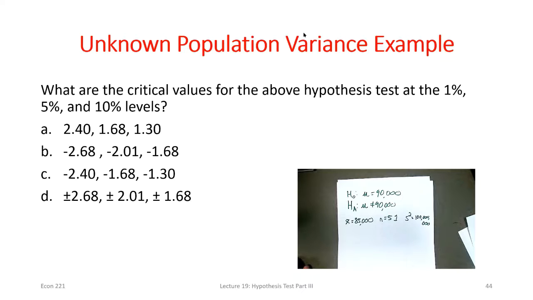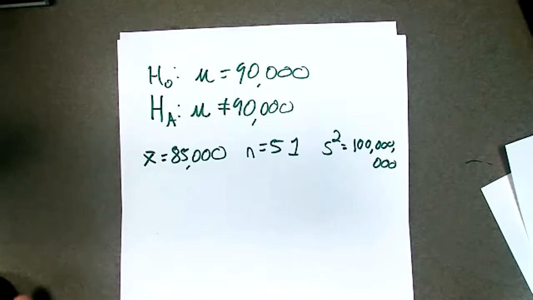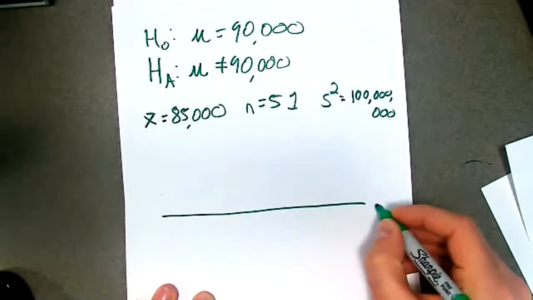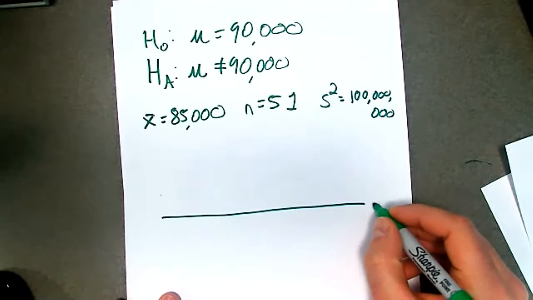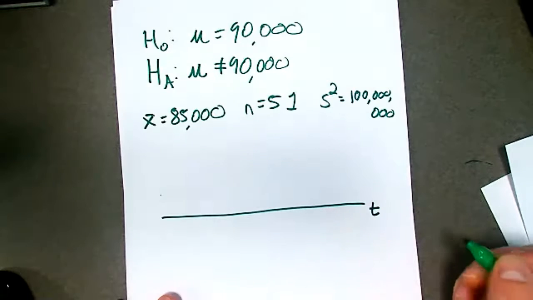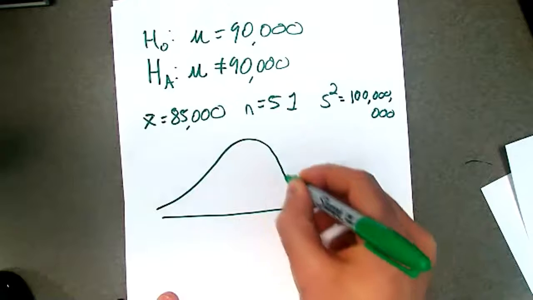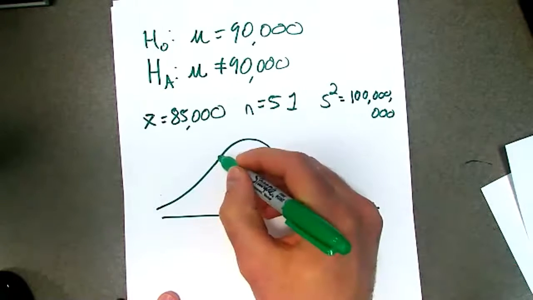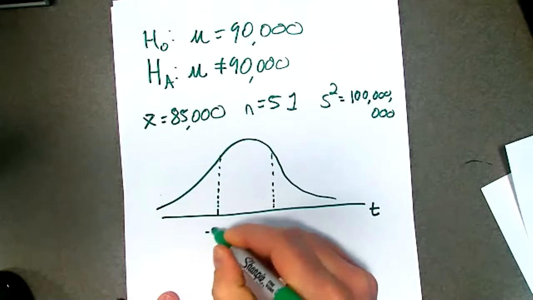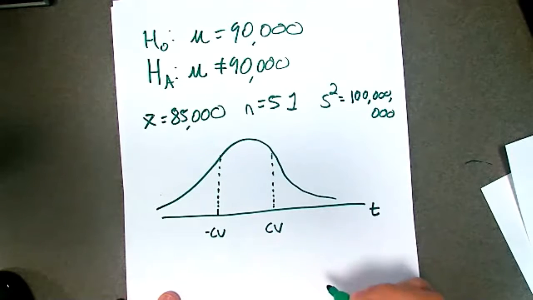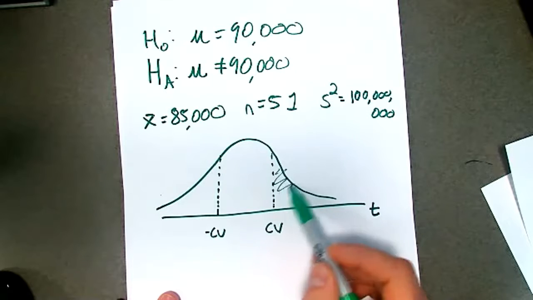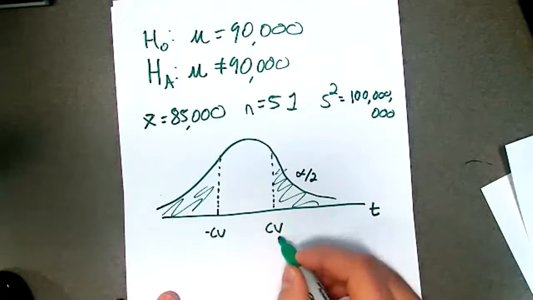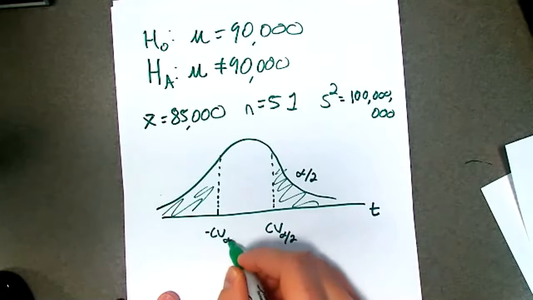What we're thinking about doing hasn't changed from the examples we looked at before. However, instead of a z-table or standard normal distribution, I'm looking at a student t distribution. What I want is a critical value, but here I have a two-tailed test, so it's going to be a pair of critical values that give me alpha total in the tails, or alpha over 2 in each tail.